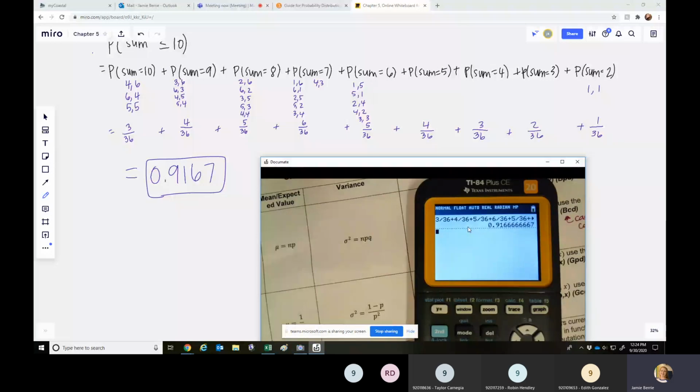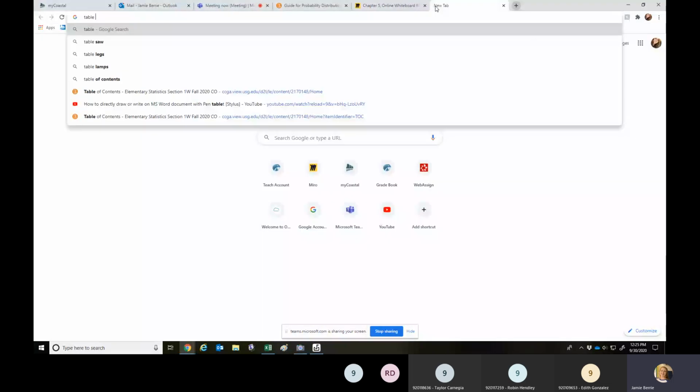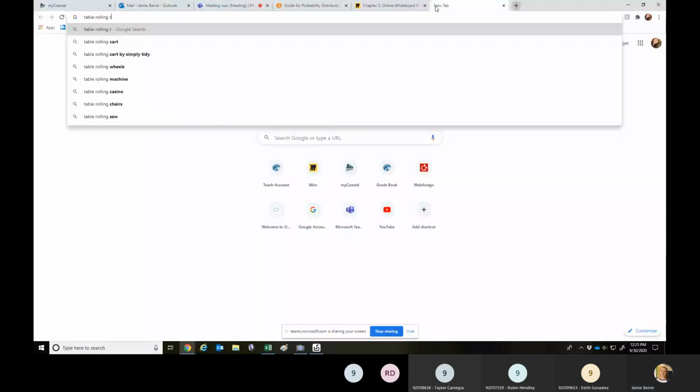And like I said, the only way that I know to do this that's shorter is to do that little table. And I might Google one and pull one up to show you. I'll just Google table rolling 2 dice.